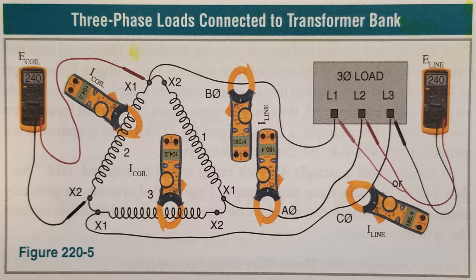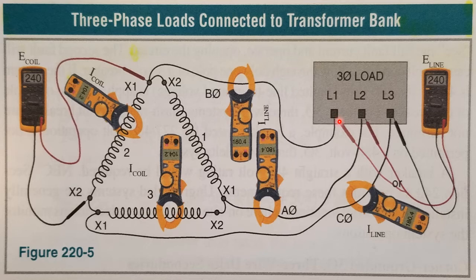You'll see here in this diagram, a little bit better than my drawings, that's for sure. You'll note that the voltage at line 1 and line 2, right here, is 240 volts. Now if I took my meter and put it between line 1 and line 3, you'll note that the coil voltage is the same at 240 volts, just as if it was between L1 and L3 over here.